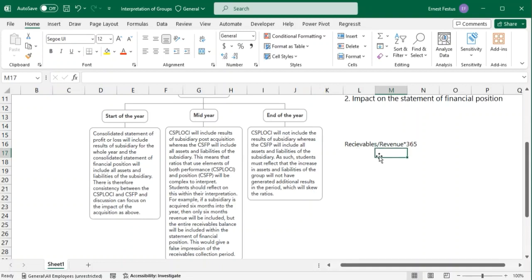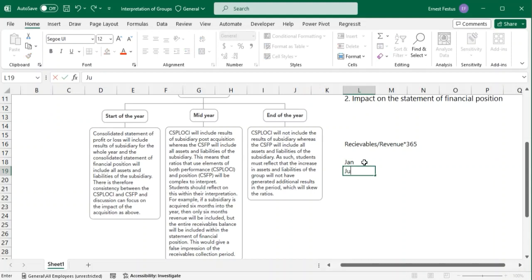assuming revenue is 100,000 for the whole year for the subsidiary, but we acquired the subsidiary mid-year, let's say June. The start of the financial year is January, so we have January as the start. We acquired the subsidiary in June, and we are preparing the financial statements in December, which is the year end.